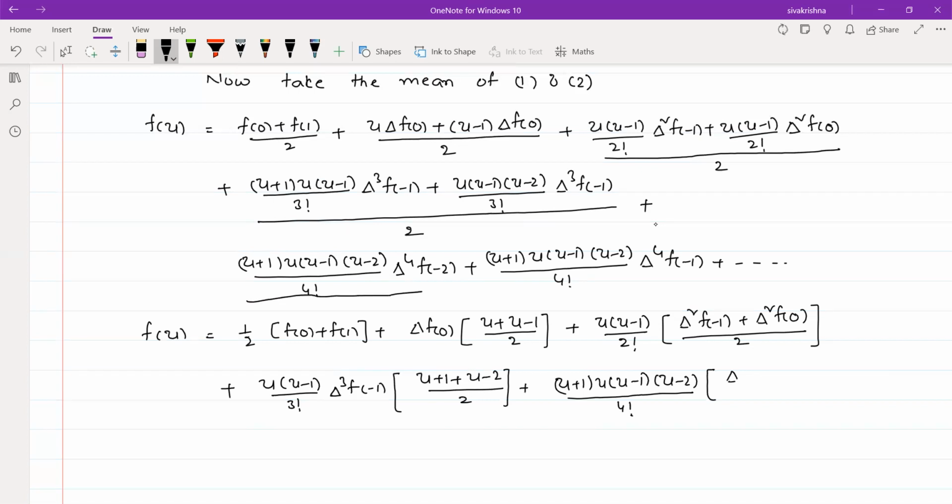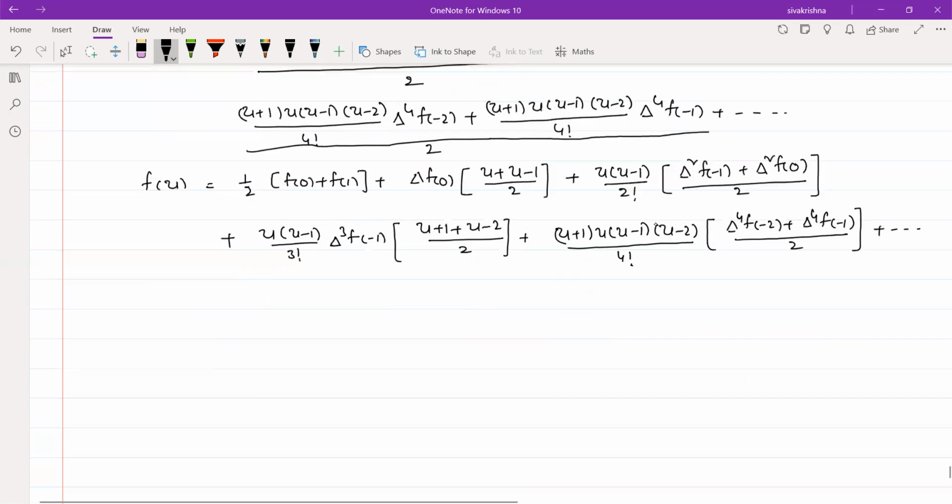Whenever we consider the mean of equation 1 and equation 2, we add the corresponding terms in both the equations and write by 2. So we get delta power 4 f of minus 2 plus delta power 4 f of minus 1, by 2, plus and so on.